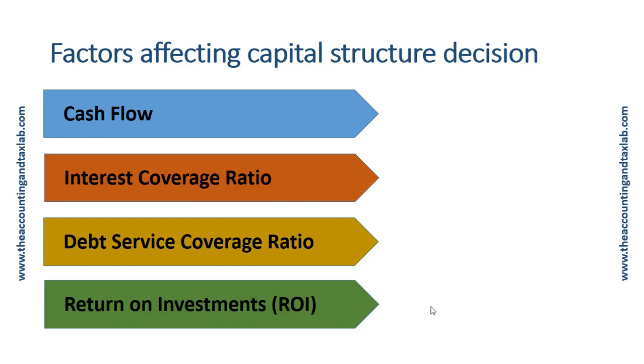Let's summarize these now. The first thing we should be considering before deciding on the capital structure is the cash flow or the cash balance that we have in our bank account. And then we should be calculating the interest coverage ratio to determine if we have enough profits to cover the fixed interest payments.